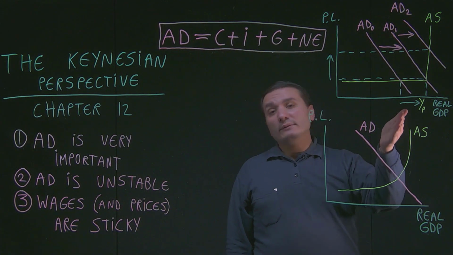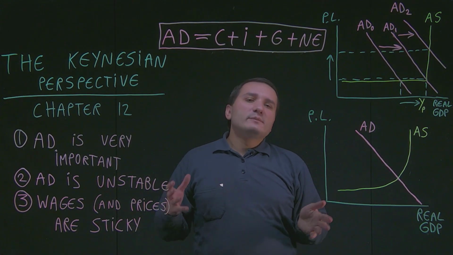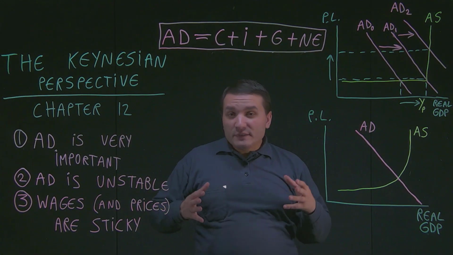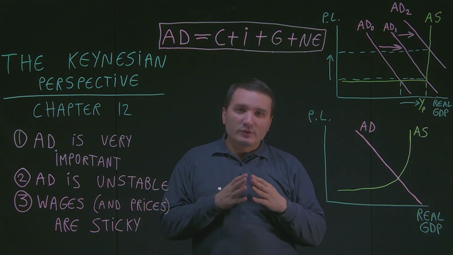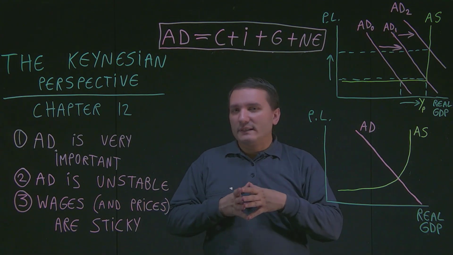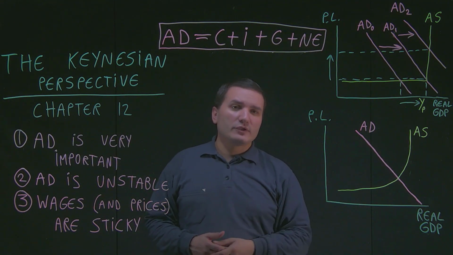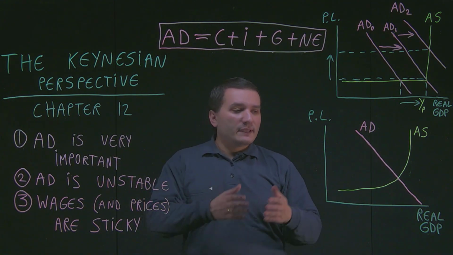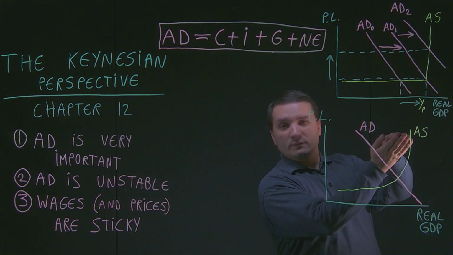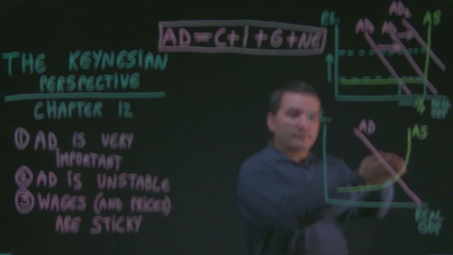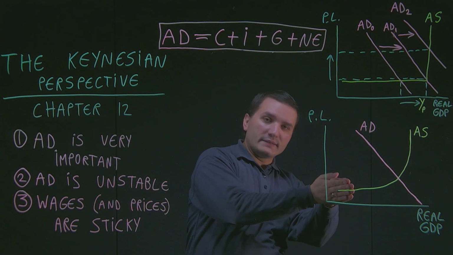Now, if it has this more rounded shape, on the other hand, then there's more of a trade-off. There is no single corner that is the absolute perfect place to be with the lowest unemployment and the lowest inflation. Here, if we have this rounded shape, then we can have more inflation with lower unemployment, or we can have more unemployment with less inflation.